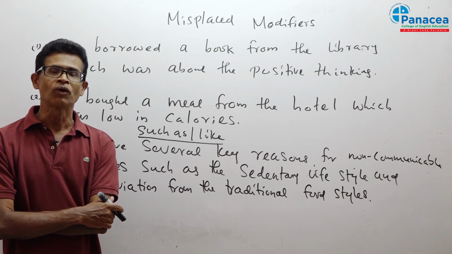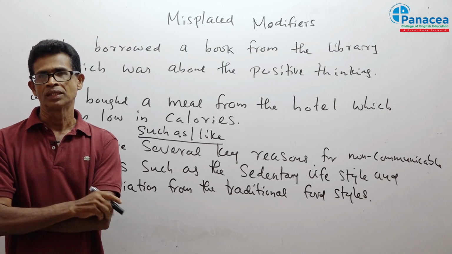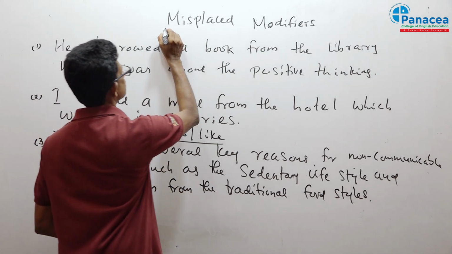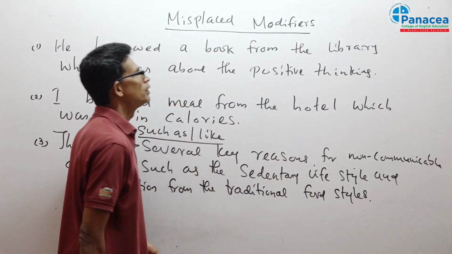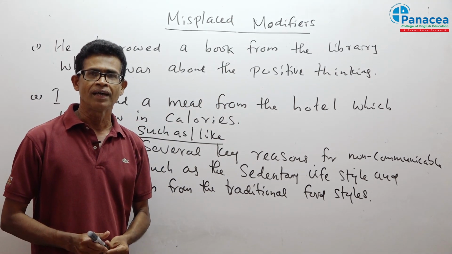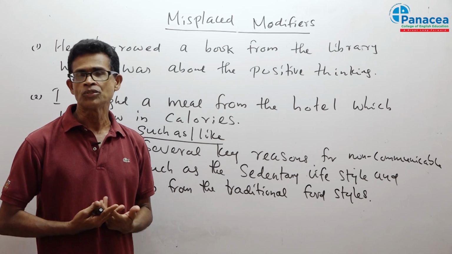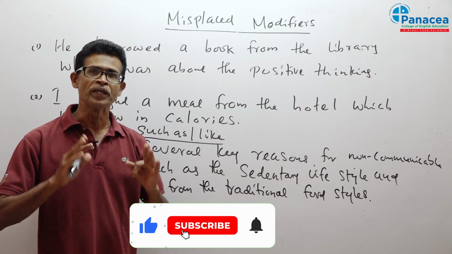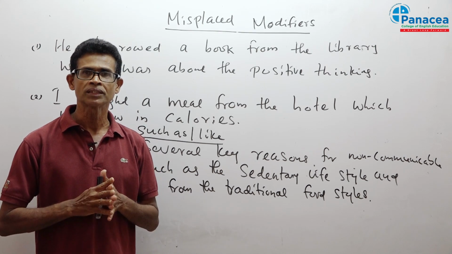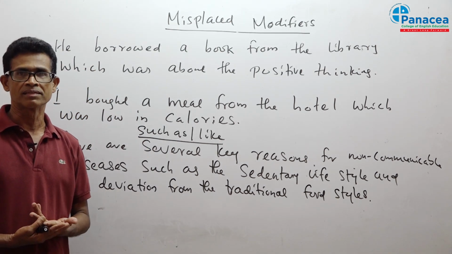Today we are going to analyze two common errors. One is misplaced modifiers. Misplaced modifier is a very frequent mistake, and even though you refer to or analyze your essays a second time, you may not be able to understand the error, because actually this is a kind of L1 interference error.